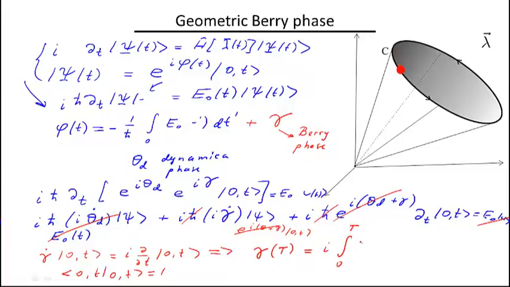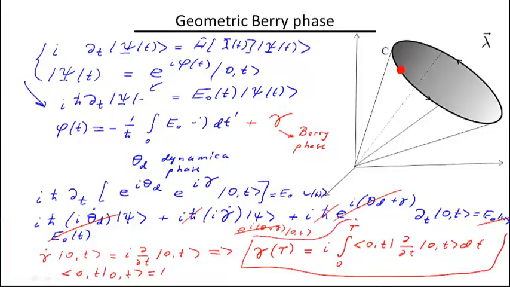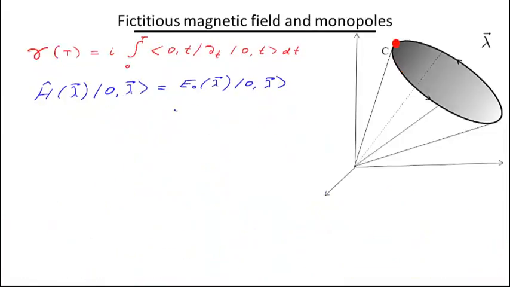Under this integral, we're going to have 0t d over dt 0t dt. So it's an integral over time. So we get this interesting term, which is the Berry phase, and as we shall discuss in the last slide, this term has a very interesting geometric interpretation. That's why it's called a geometric phase.